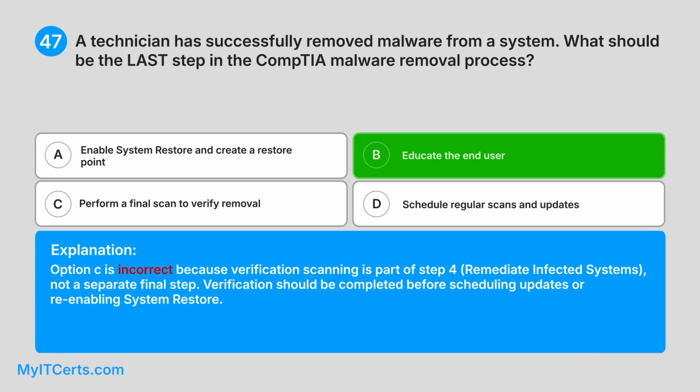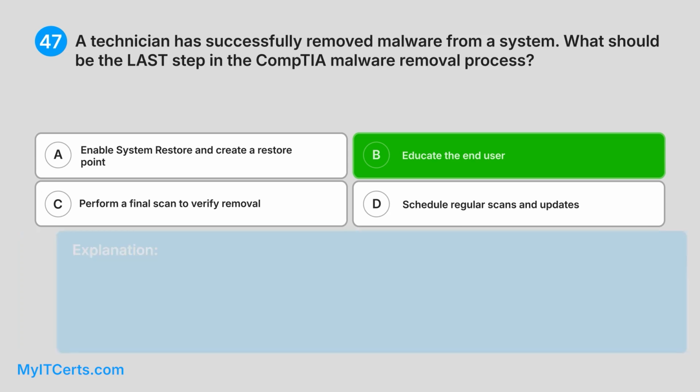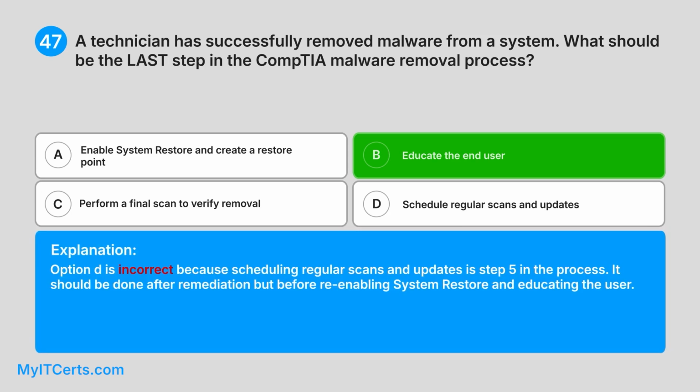Option C, Perform a final scan to verify removal, is incorrect because verification scanning is part of step 4, remediate infected systems, not a separate final step. Verification should be completed before scheduling updates or re-enabling System Restore. Option D, Schedule regular scans and updates, is incorrect because scheduling regular scans and updates is step 5 in the process. It should be done after remediation, but before re-enabling System Restore and educating the user.